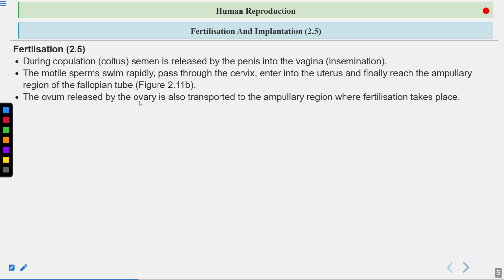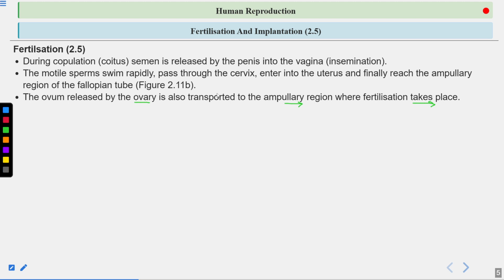Now the ovum released by the ovary is also transported to the ampullary region where fertilization takes place. The ovaries release one egg during the menstrual cycle. This egg also reaches the ampullary region of the fallopian tube.